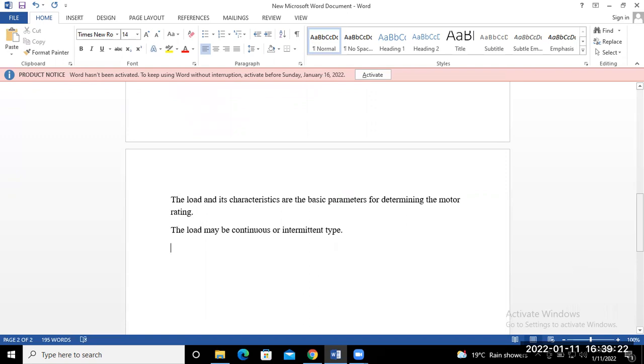The magnitude of load can be constant or variable.